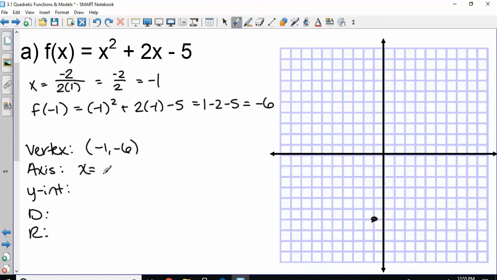Then the axis of symmetry is just a vertical line, so it's x equals the x value of the vertex, so x equals negative 1.